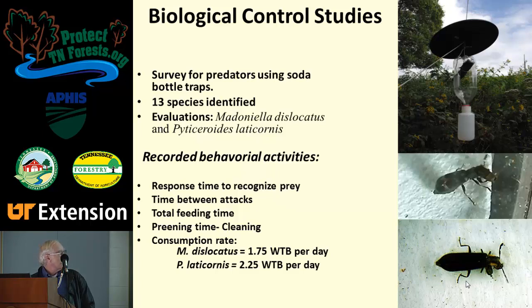We're looking at behavioral activities for two of these particular species, Medoniella discoloides and the parasitoid Theocolax. And we're looking at the consumption rates for the different predators. Thus far, we're finding that it is quite low, and we're not quite sure just how much we can count on these predators at this point.